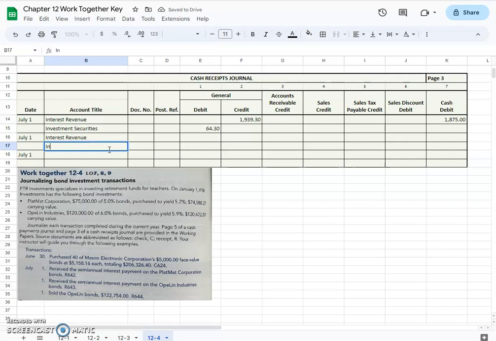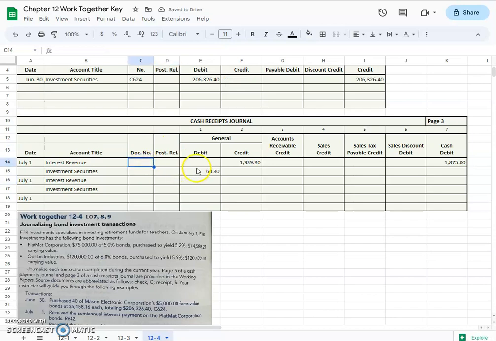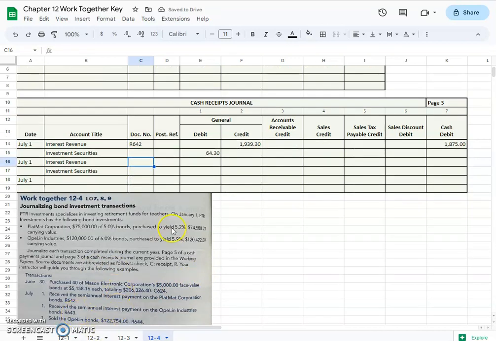Because the interest rates were not the same, there will be an investment securities portion to this as well. Oh, did I miss the document number? I sure did. The last one was receipt 642, and this one says it is receipt 643, one right after the other.